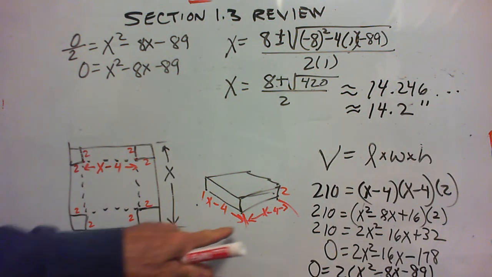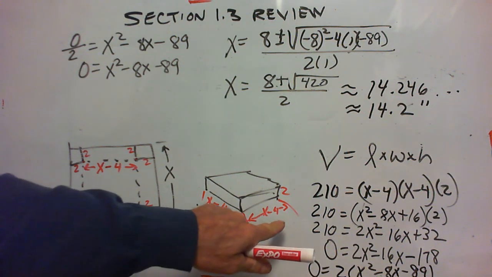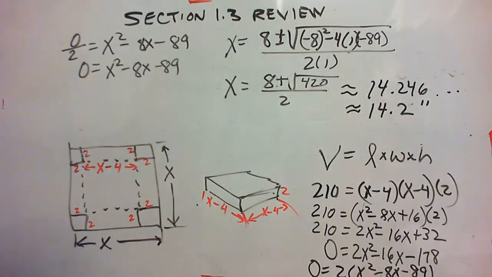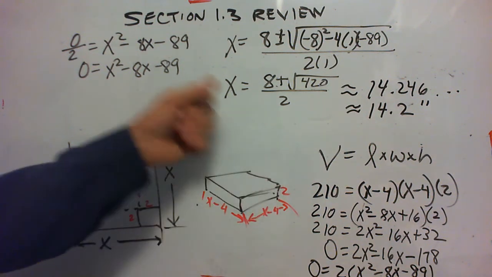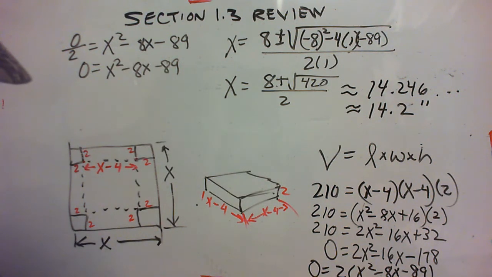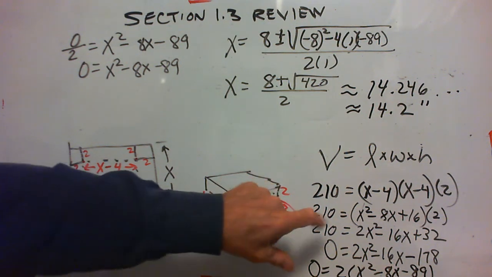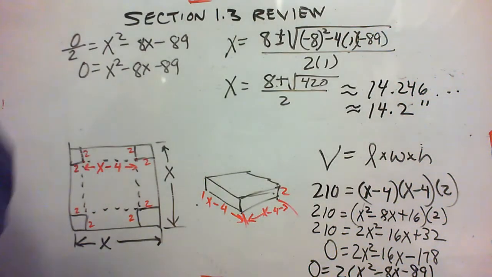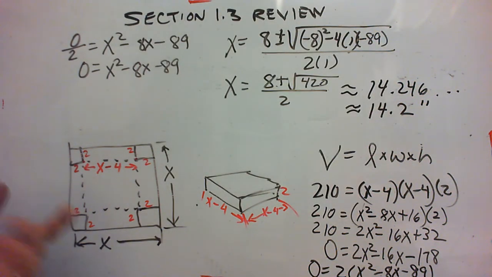Now, if you actually then take 4 away from that, you get 10.2 times 10.2 and multiply by 2, you only get a volume of a little over 208, which is not 210. The reason it's not 210 is we rounded so severely here.